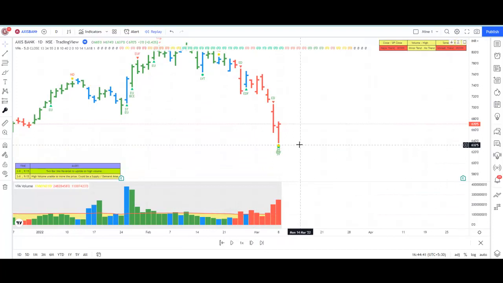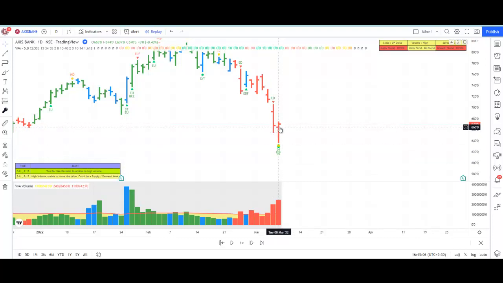Now if you see the next bar, it is a widespread bar closing near the high. As you can see here, the low is lower than the previous bar. The previous bar is also a widespread bar, a down bar closing near the low.